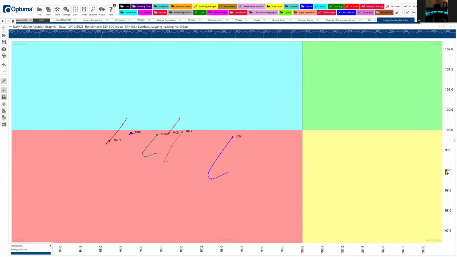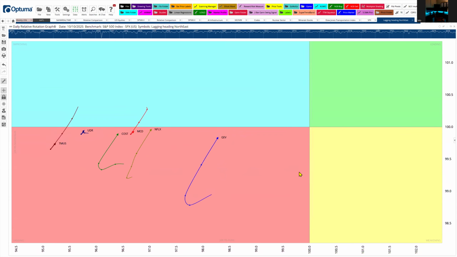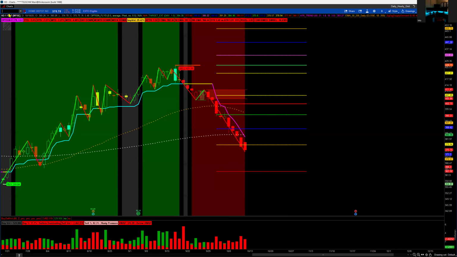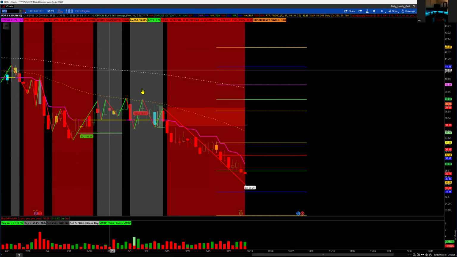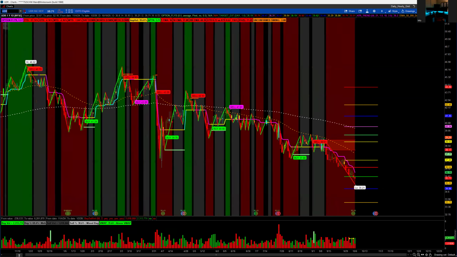These are the only stocks looking to make a move. Wow. Out of 500 stocks, only like what, 6 names? UDR? I don't know. Oh boy. This might be due for a bounce. Jeez.